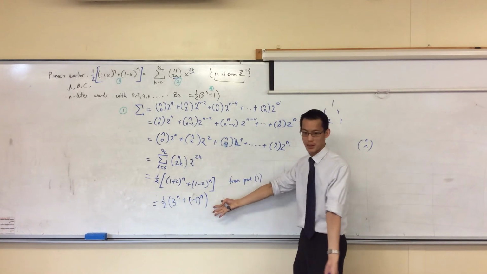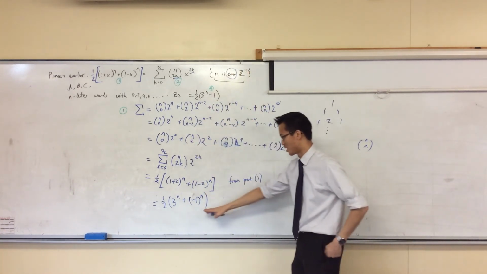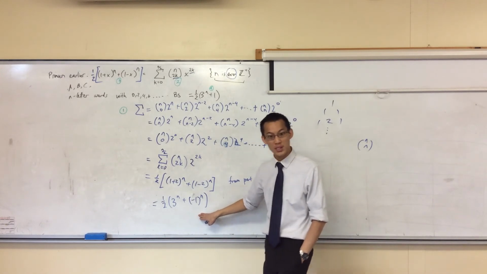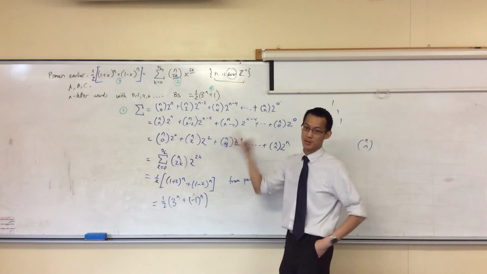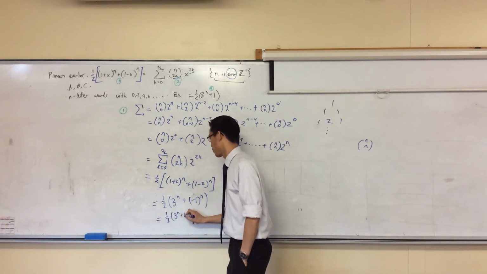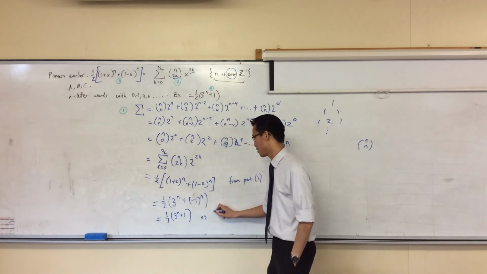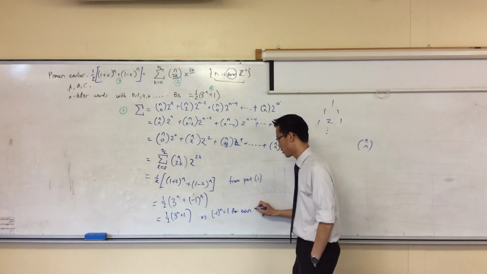Why on earth would that always be the case? The answer is because I only have even powers. This is the switching thing from the general solution for sine, isn't it? Which always goes forward for even values. That's why we do that. So I can say that's half 3m plus 1, as this equals 1 for even values of m.